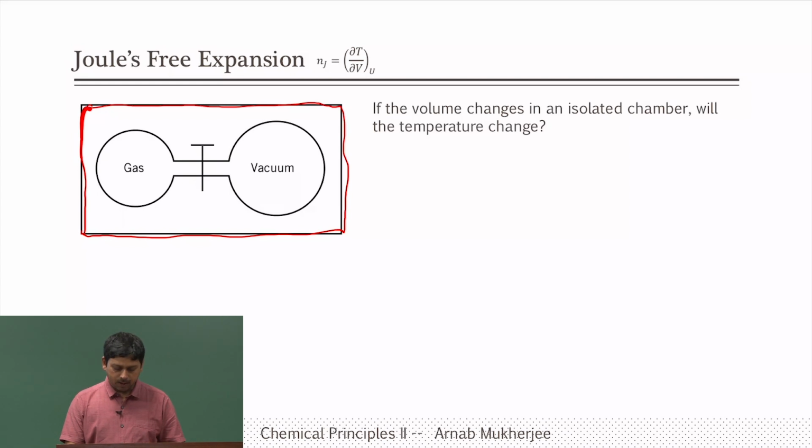So, there will be no exchange of heat, and initially the gas molecules are confined to one side of the chamber. This stopper is what is preventing it, and then at some point this stopper will be removed and the gas will expand to the full volume.